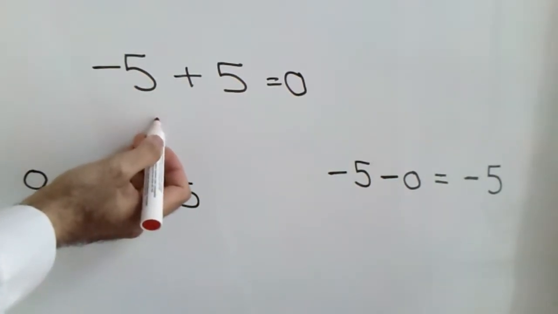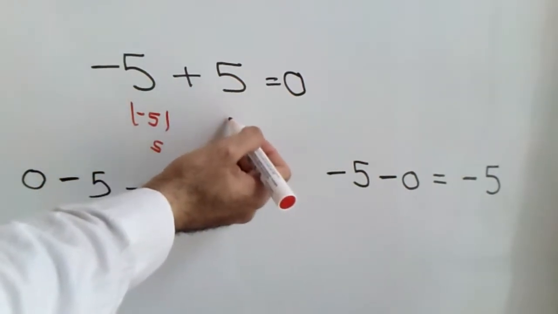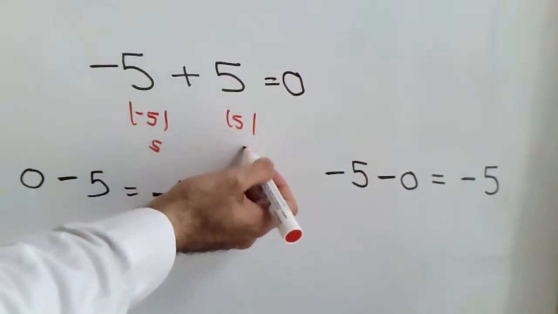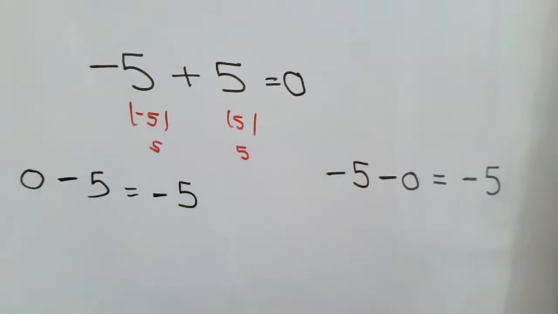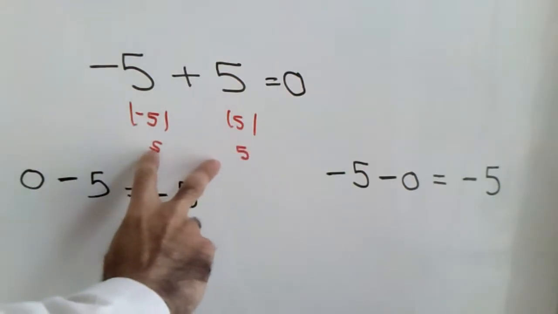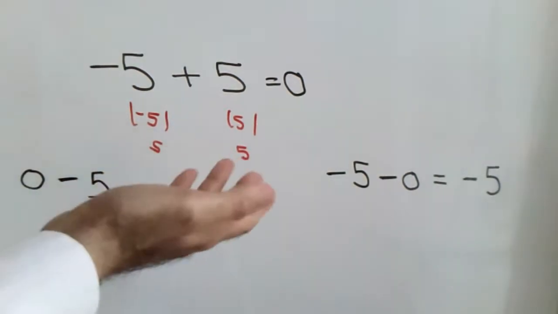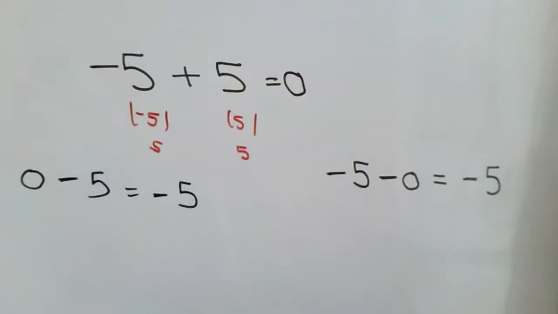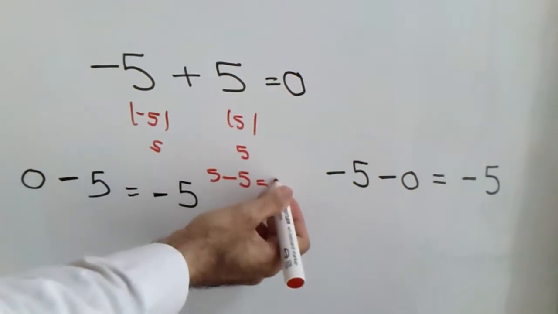The absolute value of negative 5 is 5, and the absolute value of 5 is just 5. Remember we said that you take away the smaller from the larger. Now because they're the same value, you can just take them away. So the answer will be 5 take away 5, which is 0.